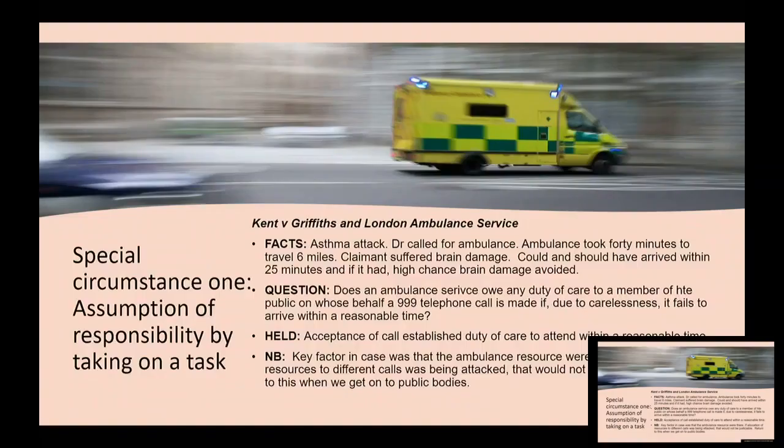Now, it later transpired also that the ambulance service then falsified their records as to when they'd arrived. There was just no reason for the ambulance to have delayed its arrival. They basically were just slack in leaving the base. So an important feature of this case, which we're going to come back to when we look directly at public body liability, is that there was no question of an ambulance not being available.